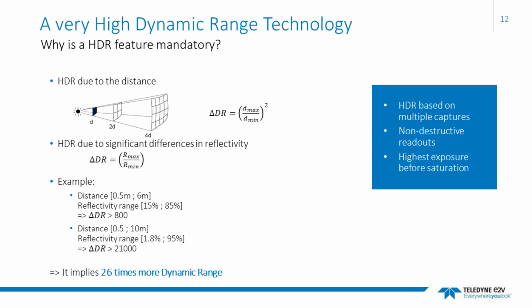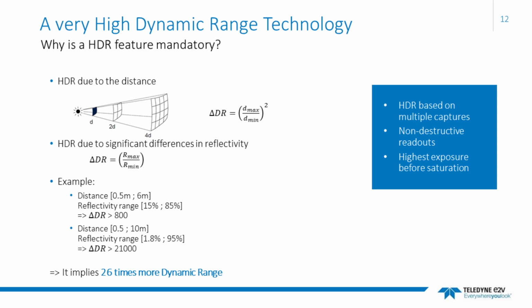To illustrate this point, let's assume you have application 1 targeting the detection of objects with reflectivity between 15 and 85% and from 0.5 to 6 meters. And application 2, where you need to inspect objects with reflectivity of 1.8 up to 95% and increasing the maximum distance to 10 meters.